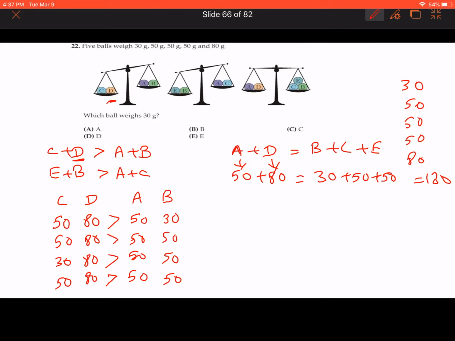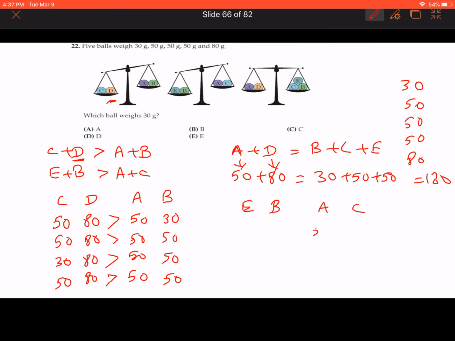So let's check out with the second equation, that is E, B, A, C. So here the value of E, this we know only the value of A, right?